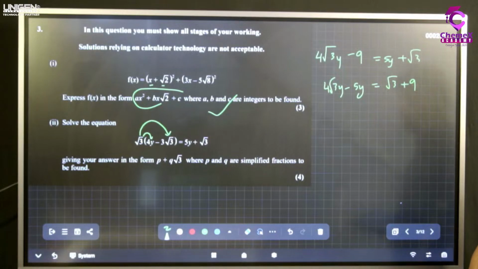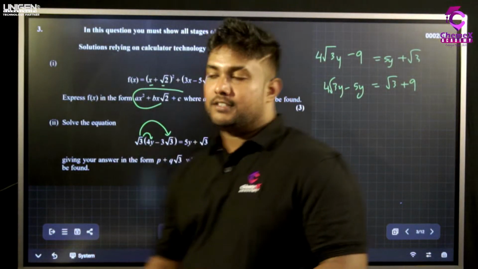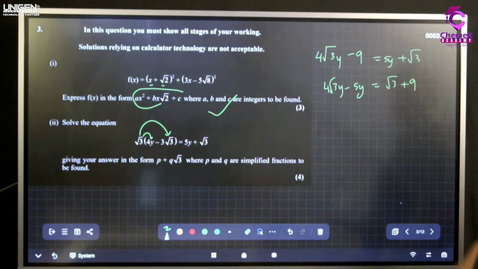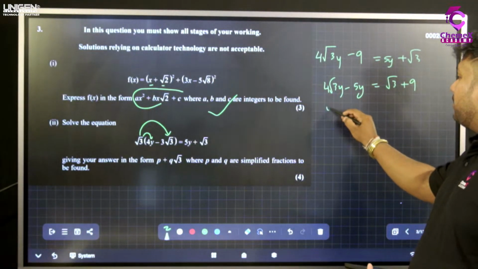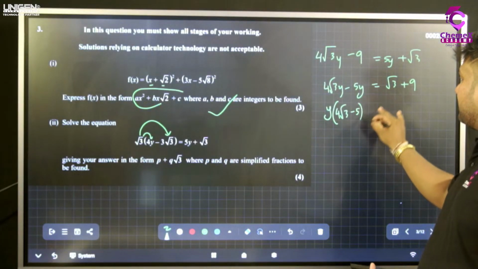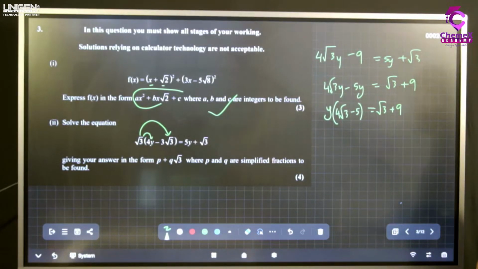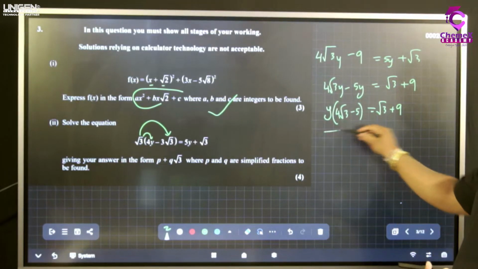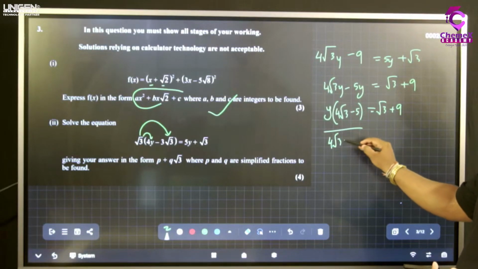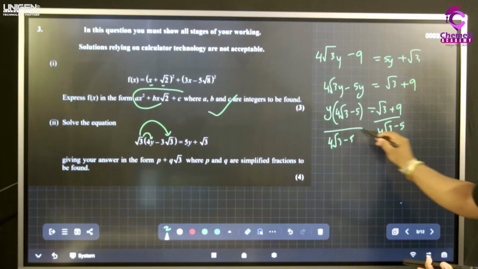Is there a doubt with anyone? If it's not clear, ask. Next, you take y out from these two. y times 4 root 3 minus 5 equals root 3 plus 9. Then just divide by 4 root 3 minus 5.